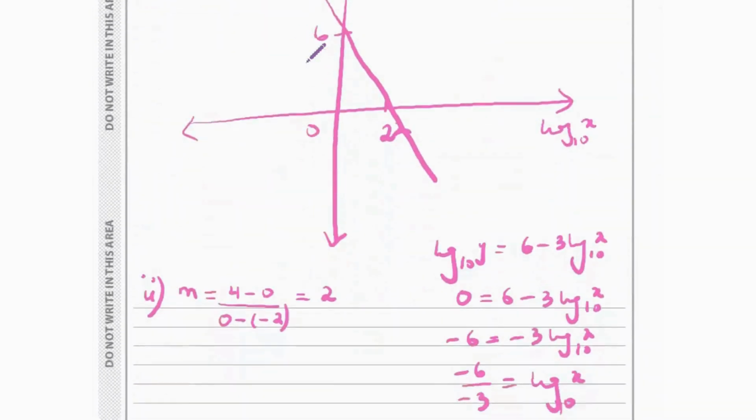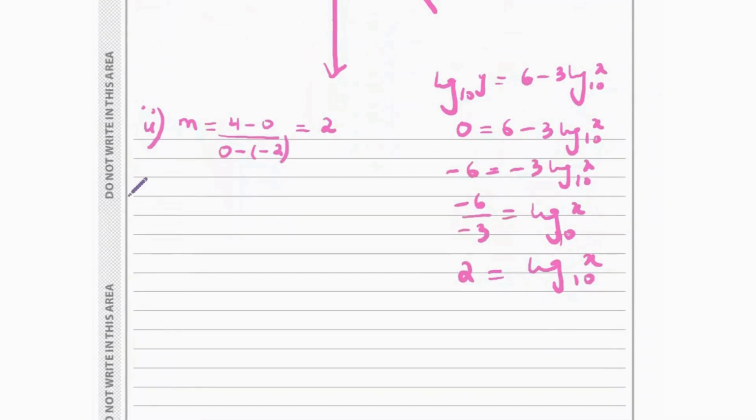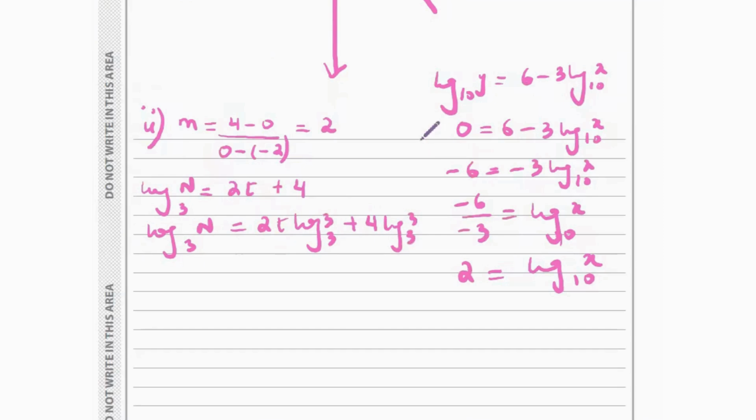So let's create the equation. Log of n to the base of 3 equals 2 times t plus 4. So now I'm going to introduce logs on the right-hand side. So log of n to the base of 3 equals 2t times log of 3 to the base of 3 plus 4 times log of 3 to the base of 3.